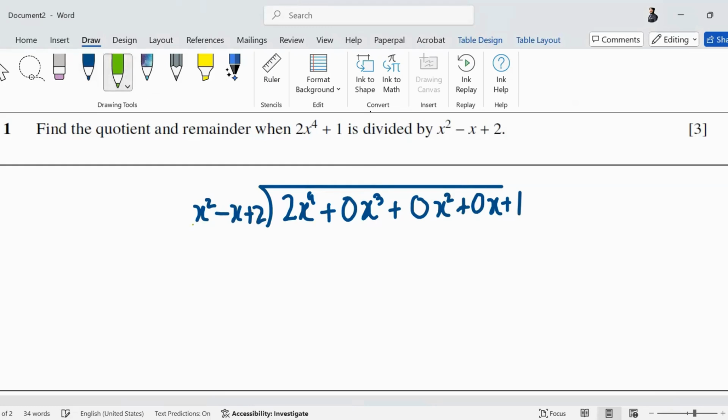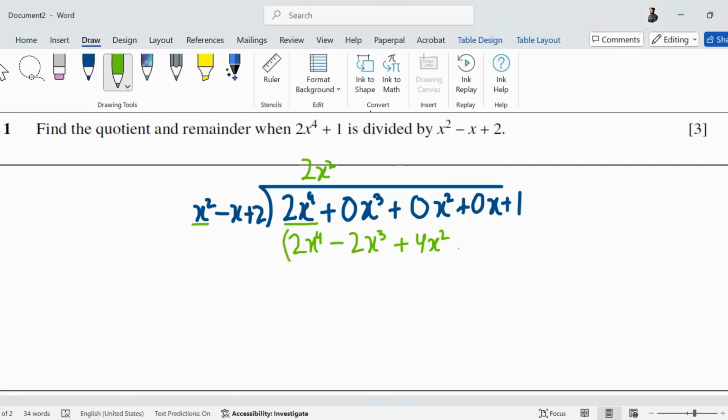Again, focusing on only the highest powers. What do I multiply x squared with to make it 2x to the power 4? 2x squared. But the quotient will multiply by the entire divisor. Is that right? So multiply 2x squared with it. You get 2x to the power 4 minus 2x cubed and plus 4x squared.